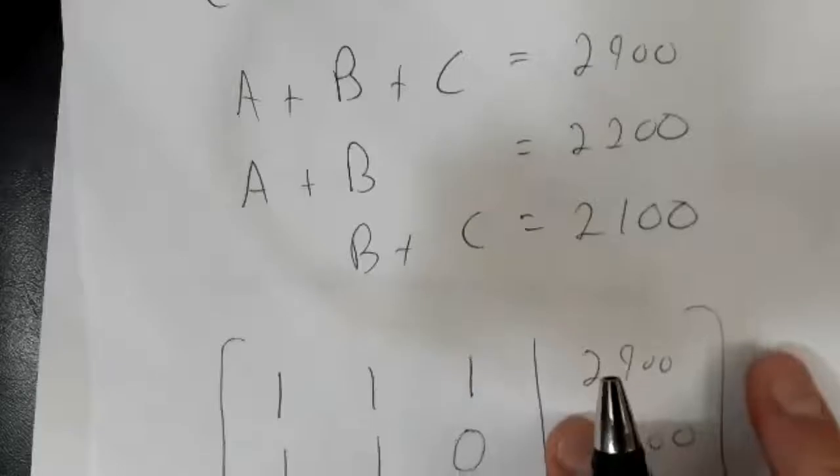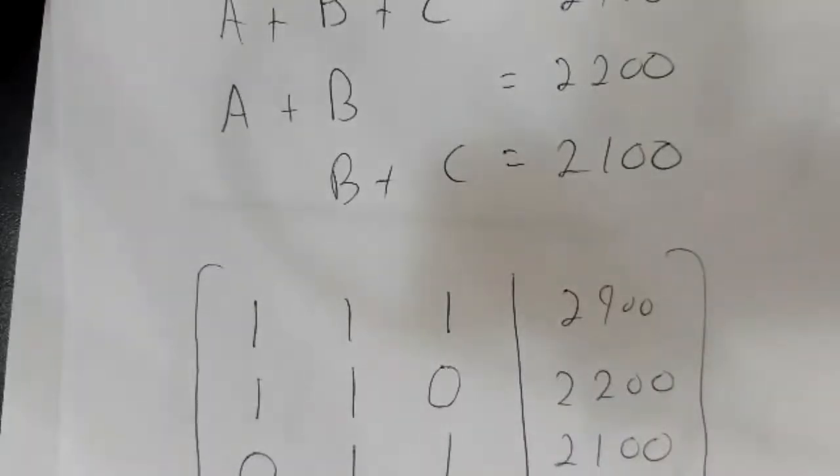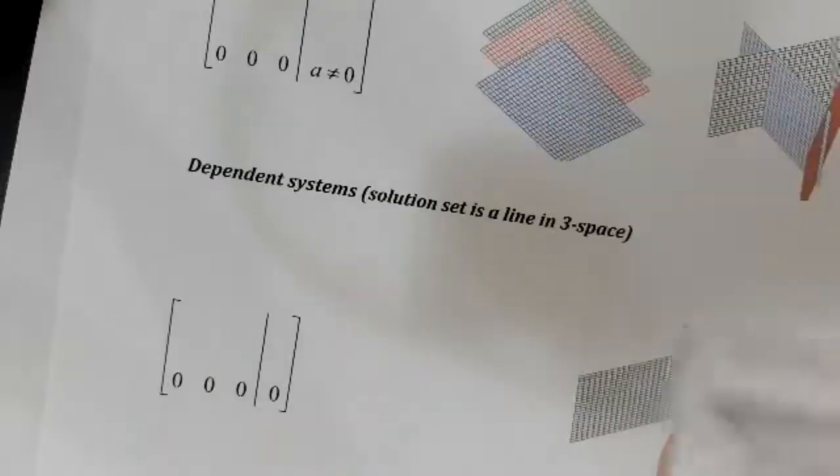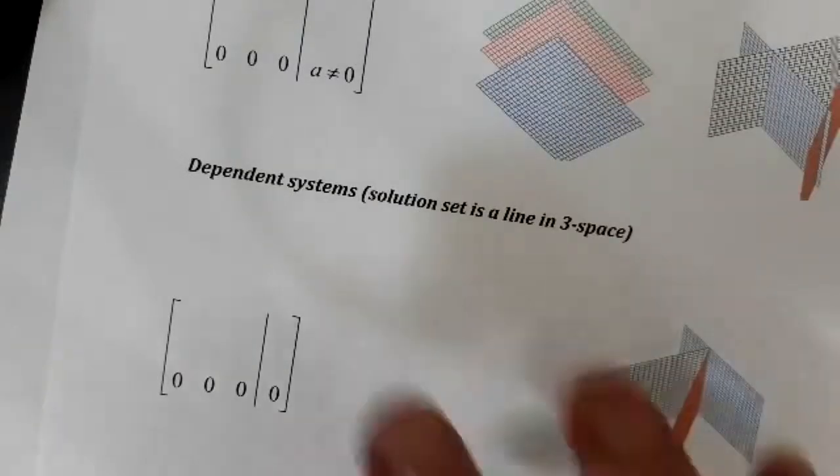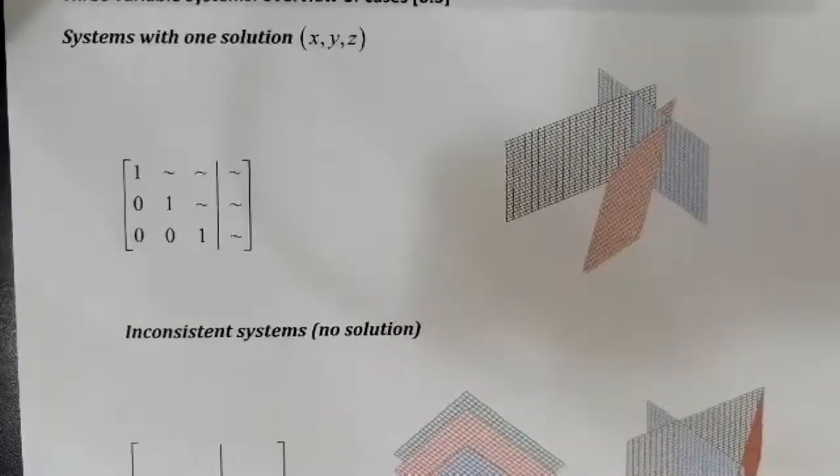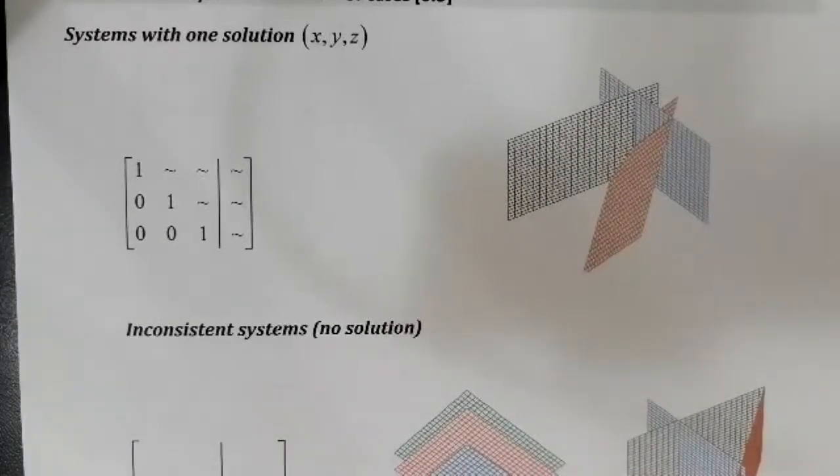When we talk about solutions, again, solutions are where these things intersect. And if we're talking about where these things intersect, there's a few ways planes can intersect. We have seen this one: if we have one solution, like the previous problem, it's a single point.